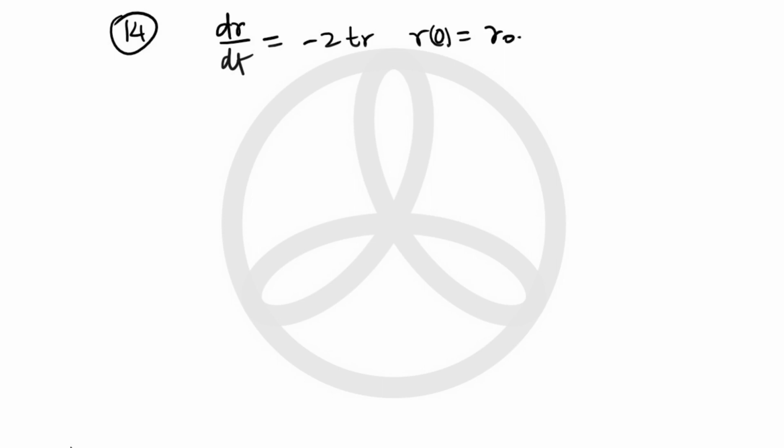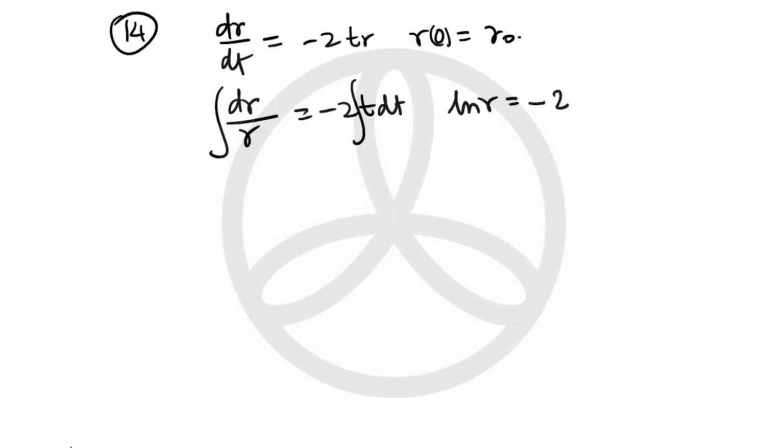So this we can separate again very easily. It's a variable separable equation. So we can write dr by r, and this t we can take this side and write 2 minus 2t dt. When we apply integration here, we will get ln r equals minus 2t square by 2 plus a constant of integration, say c.